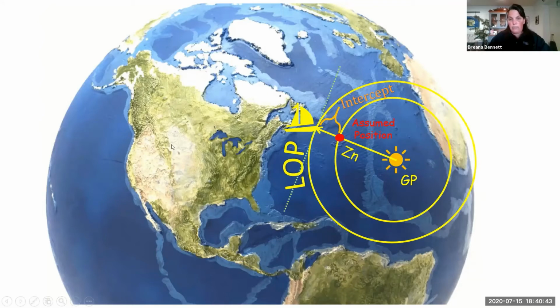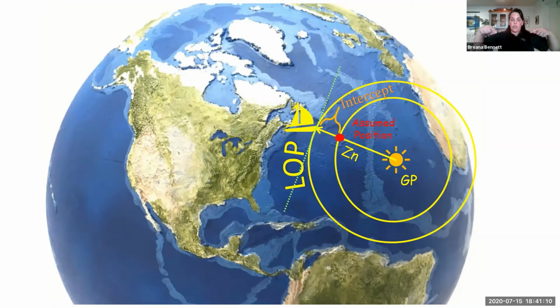When we draw our range and bearing from it, we draw a straight line, and the LOP is really that circle of equal altitude, the circle of equal altitude, excuse me. But when we draw it on our chart, it's such a giant circle that it's a straight line on our chart.